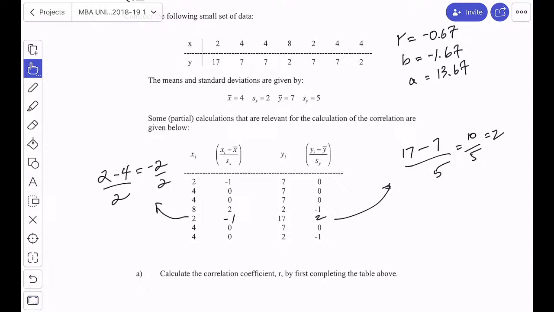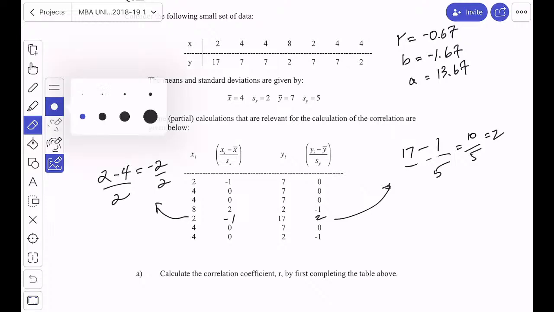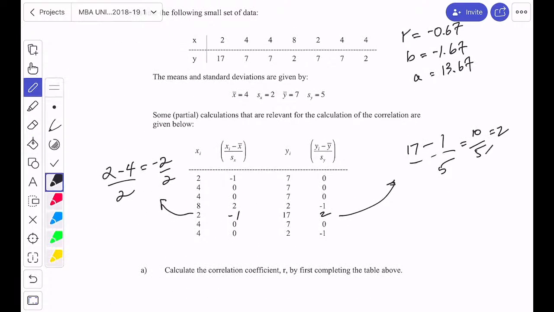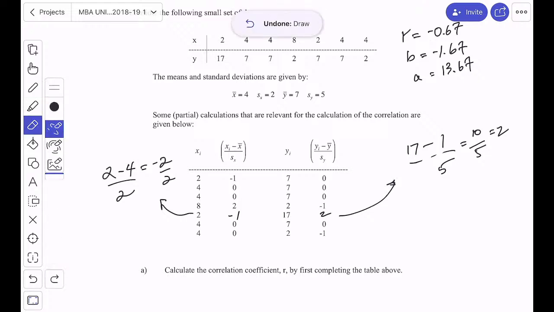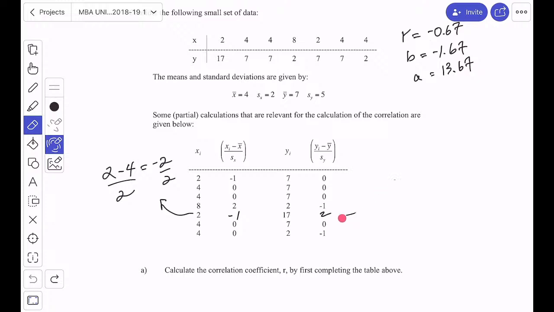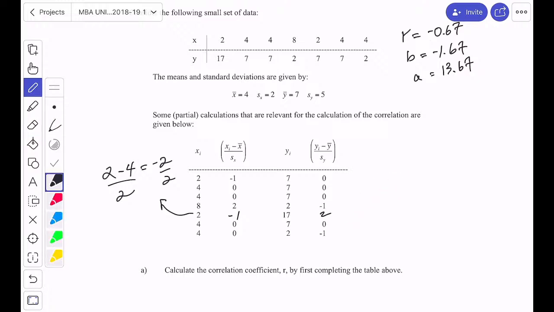If I did everything right, any comments? Okay, so then what I have to do to get R is now multiply these.